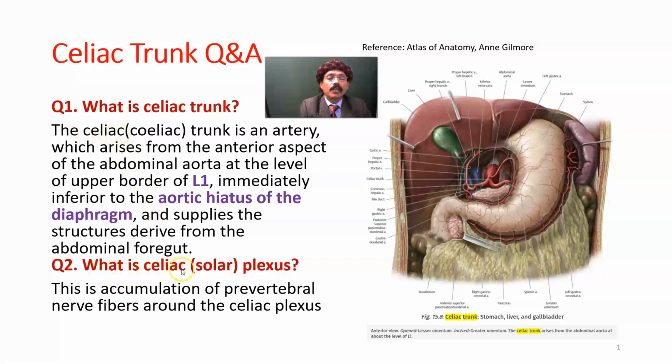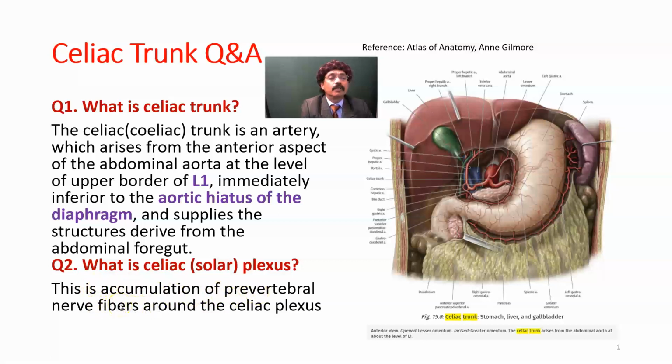Okay, what is the celiac plexus, also called the solar plexus? This is an accumulation of prevertebral nerve fibers around the celiac trunk.